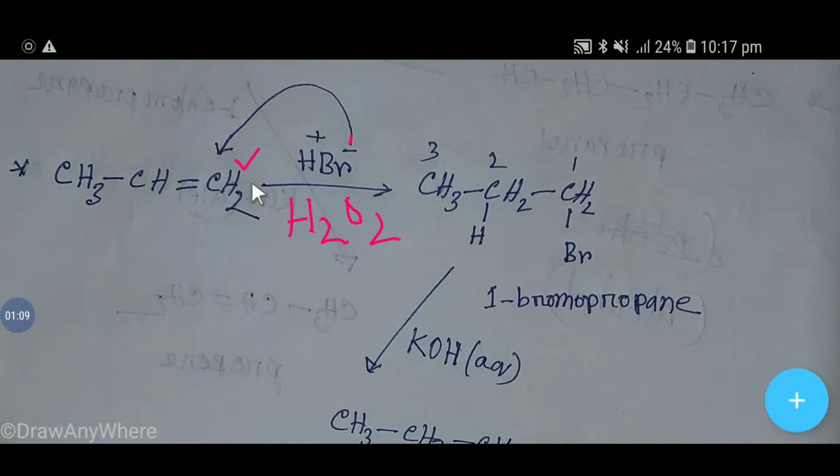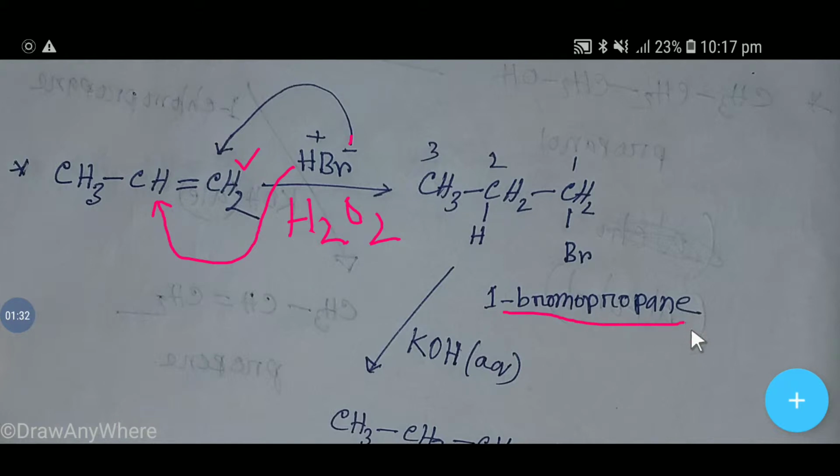So bromine will add to this carbon and hydrogen will add to this carbon. This will happen according to the anti-Markovnikov rule, right? So we are getting here 1-bromopropane, right?